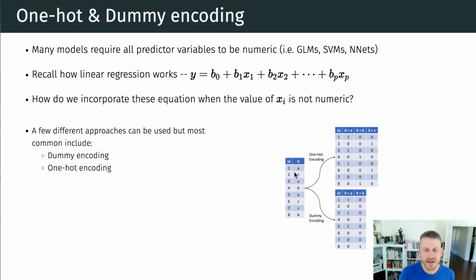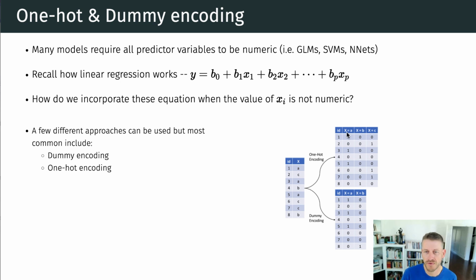So the idea here is, let's look at the slide, and we see that there's this feature, X, where the values that it can take on are A, B, and C, right? But these are non-numeric, and so we need to do some modification to turn these into numeric features. Well, one-hot encoding literally takes each of these unique values that X can be and turns them into their own column, right?